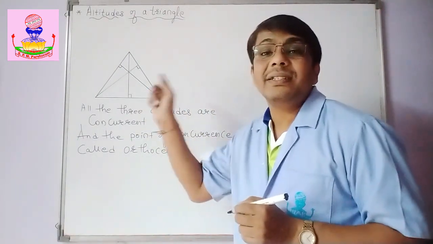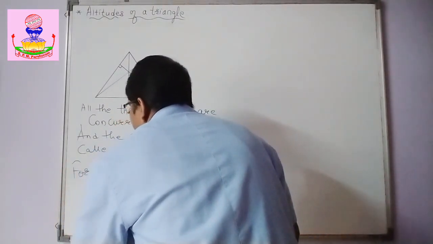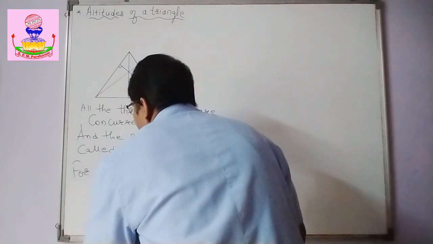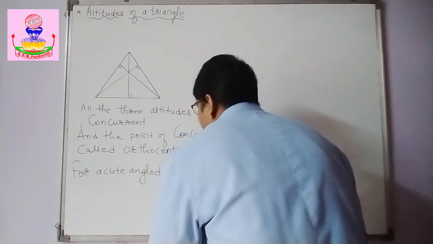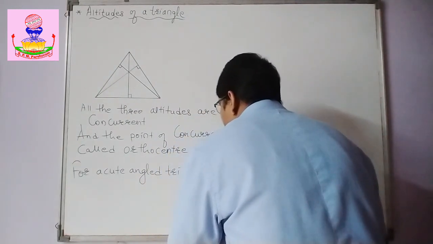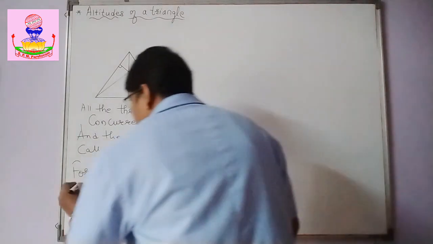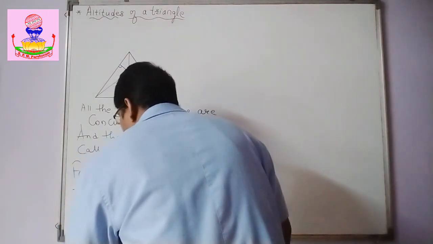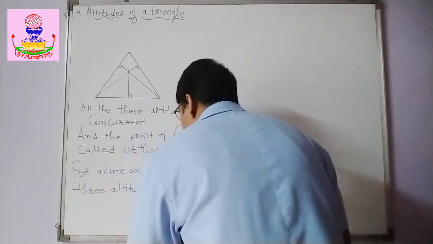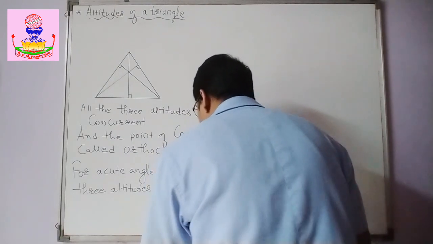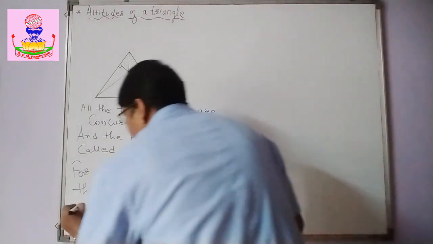Okay, then for acute angle triangle, all the 3 altitudes lie in the interior of the triangle.